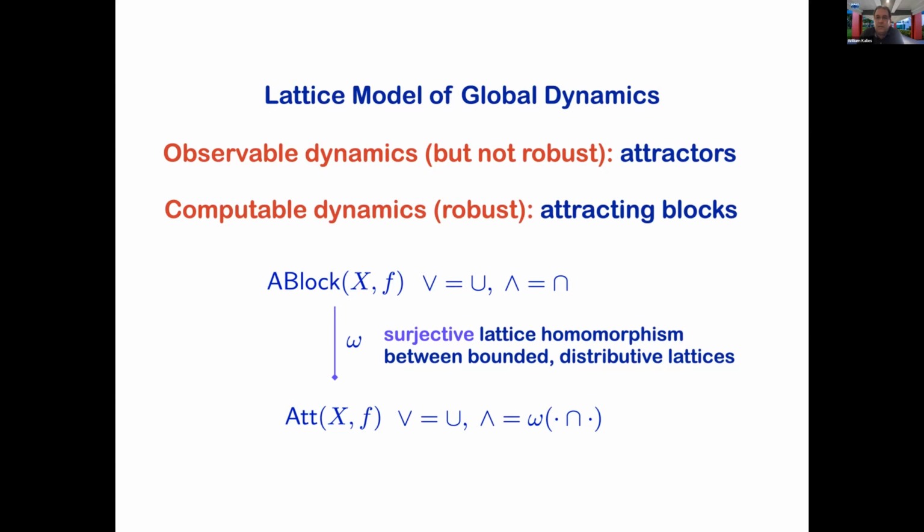So if you understand attracting blocks for a particular system and you tweak the system a little bit, then there are still attracting blocks if you're sufficiently close. Whereas attractors can bifurcate and change in complicated ways as you tweak the system, right?